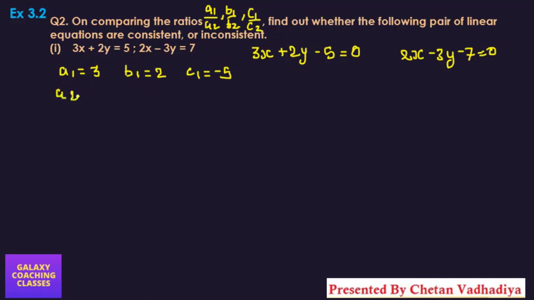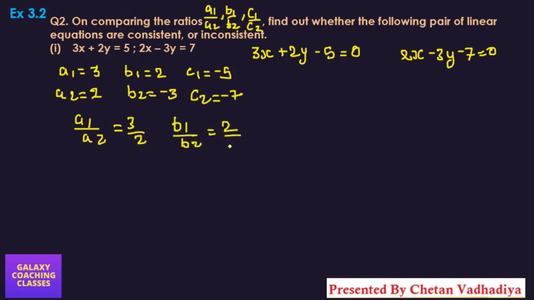Now a2 is 2, b2 is minus 3, and c2, if you take this to that side, will become minus 7. So here a1 upon a2 will be 3 by 2 and b1 upon b2 will be 2 by minus 3.